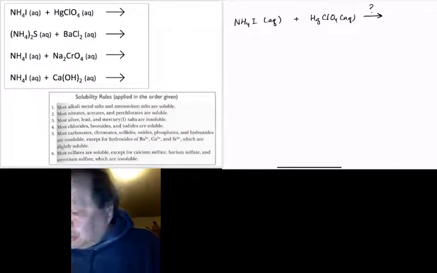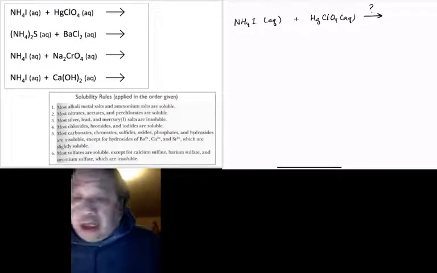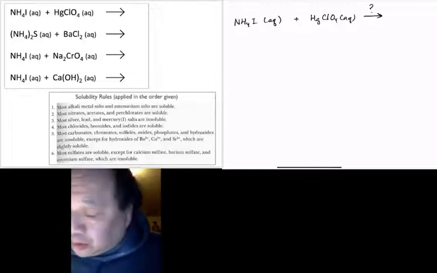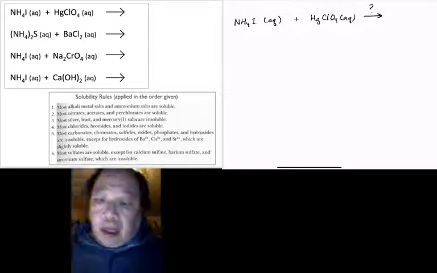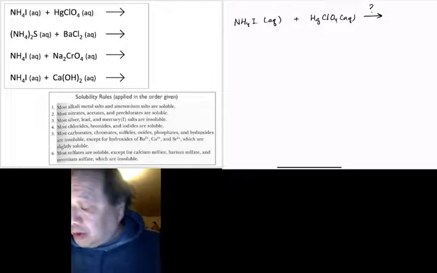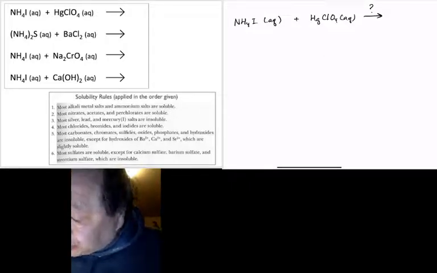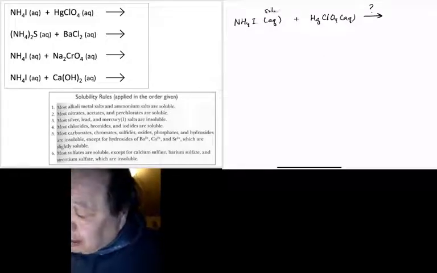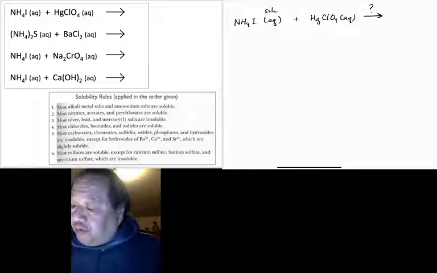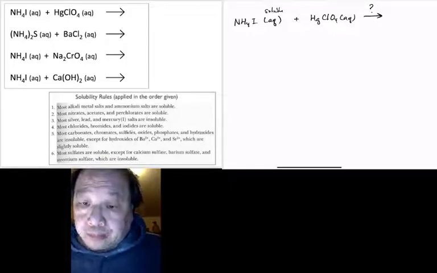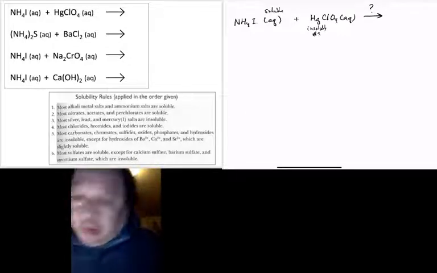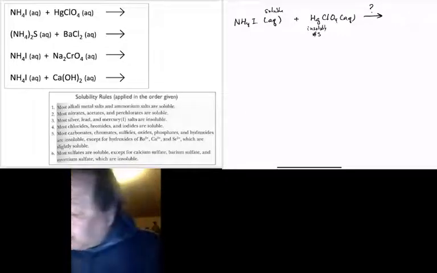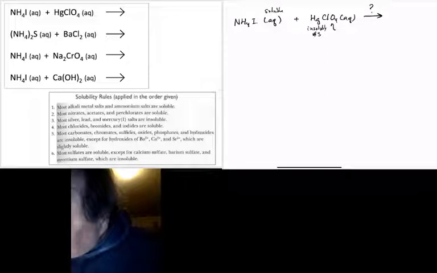And first, why is this aqueous? NH4, ammonium, according to rule number 1, is soluble. Iodide, rule number 4, is soluble. So this is soluble. It's definitely aqueous. And HgClO4, Hg+ is insoluble by rule number 3, but ClO4 by rule number 2 is soluble.